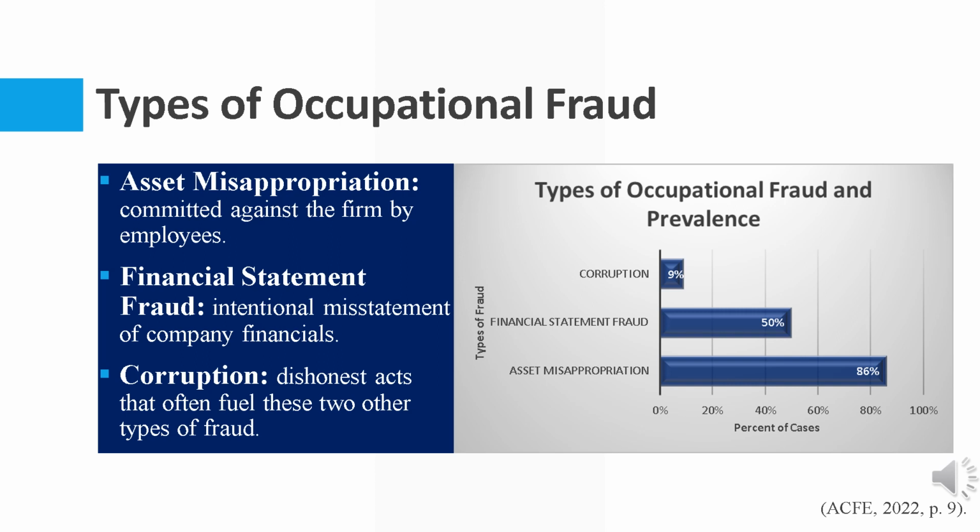Some of these include grease payments, conflicts of interest, and the like. Now, of the three types of occupational fraud, asset misappropriation is the most prevalent, representing 86% of cases reviewed in the ACFE report.